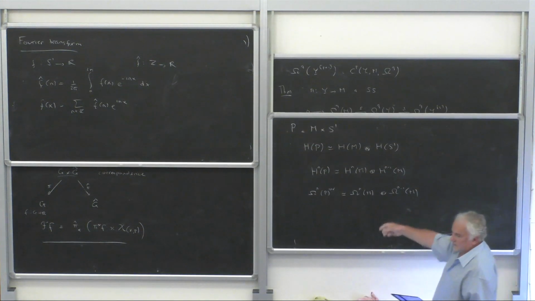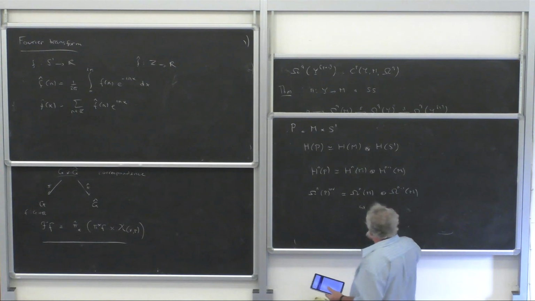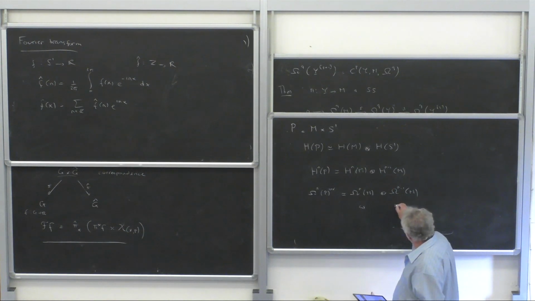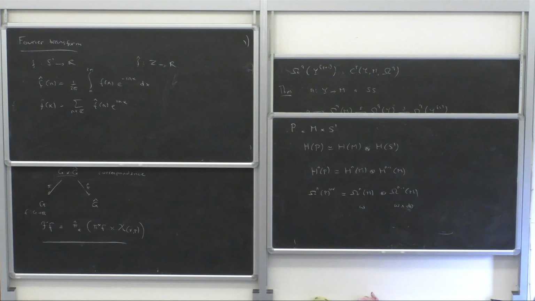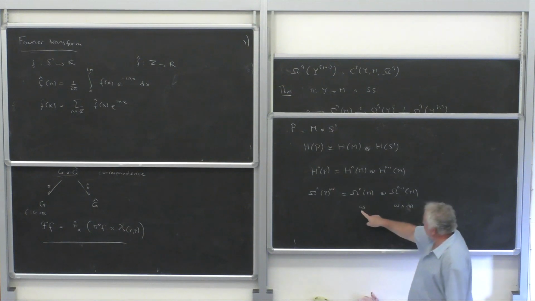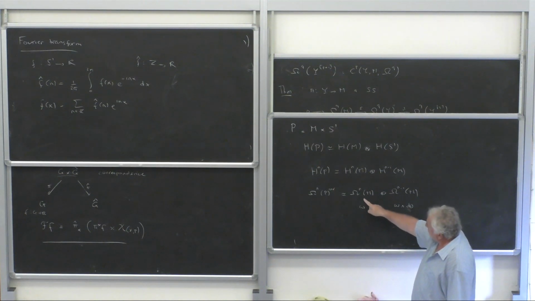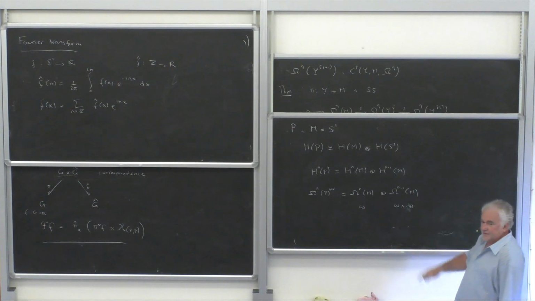And of course, the correspondence is just that forms over here are like this, and forms over here, if you wedge them by the generator of H1, you get a form over there. So invariant forms on this product are of two types: either a basic form on M or a form on M wedge d theta.